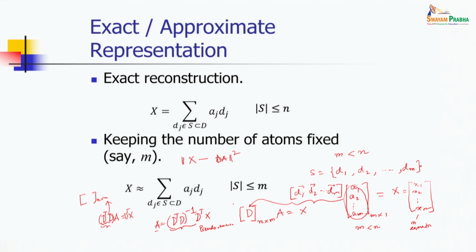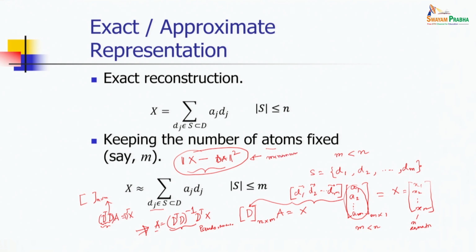So this is what, from the very standard linear algebraic operations, you can get the solutions, get the approximations. So we can show here that if I give you a set with m number of atoms, this should be the best solution. But the problem is that which set will give this error minimum is not decided.